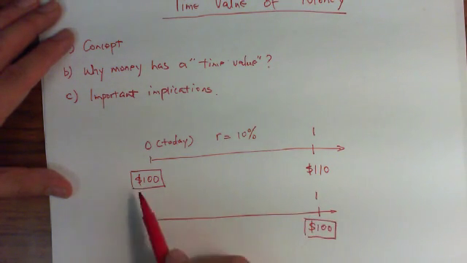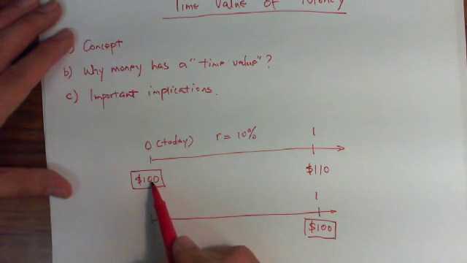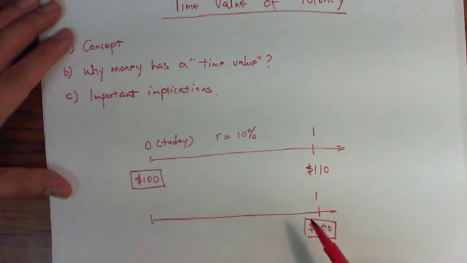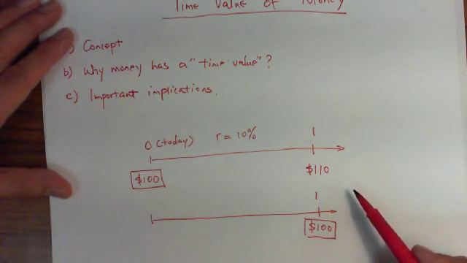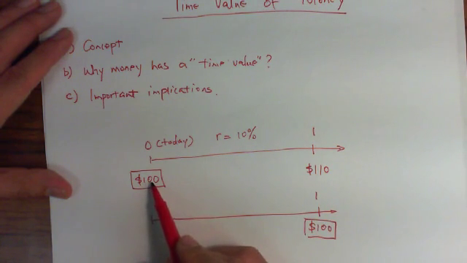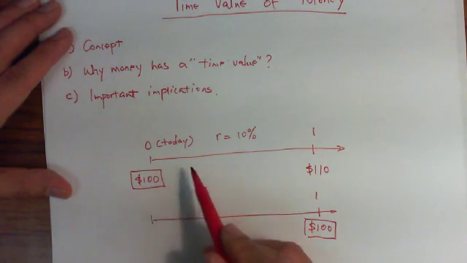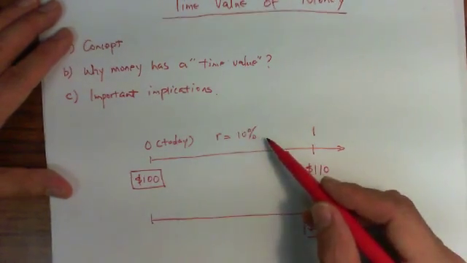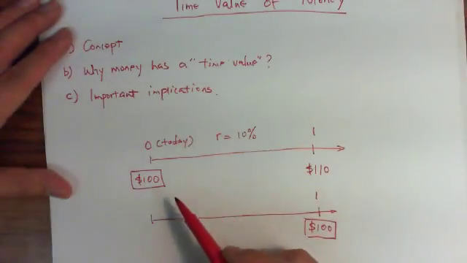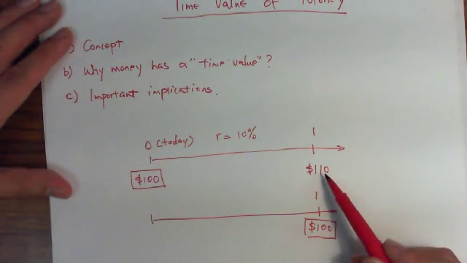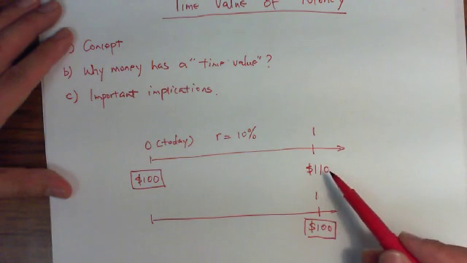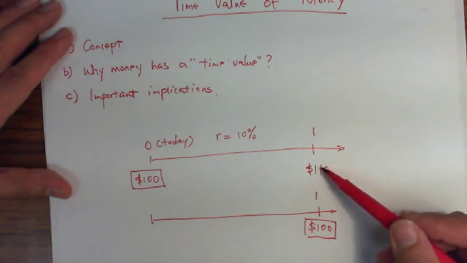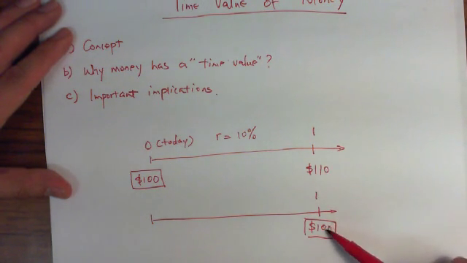For example, if we want to compare the $100 today with the $100 at the end of the first period, the correct way is to move this $100 over time to the first period. Now, given the growth rate of 10%, we know this $100 is the same as $110 at the end of year one. And then we compare the 110 with the 100.